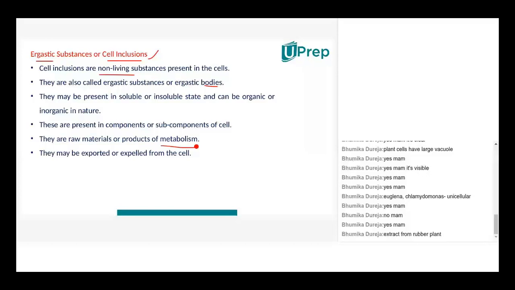Such waste material, those are non-living things and they are called ergastic substances. They have to be expelled out of the cell. Best example, take the lysosome. Lysosome is a living cell organelle, but what it gives out is a toxic material that can be called an ergastic substance. You got me, Bhumika? The cell inclusion and cell organelle.